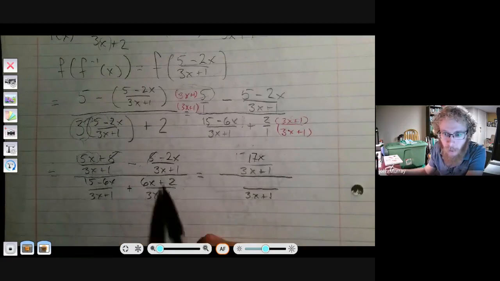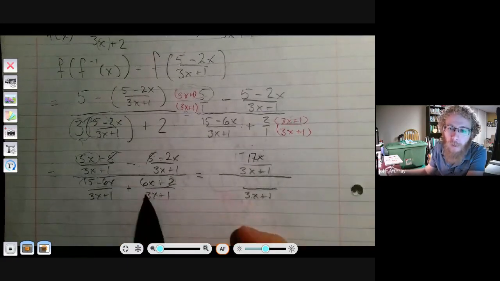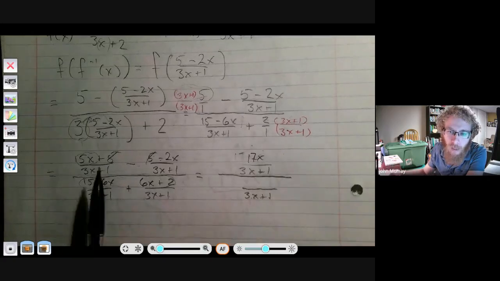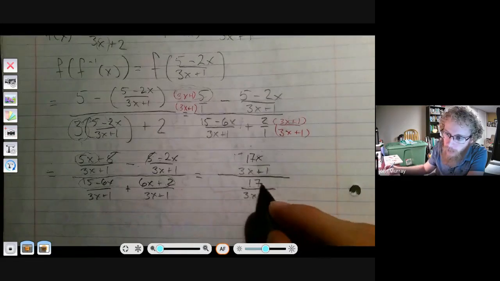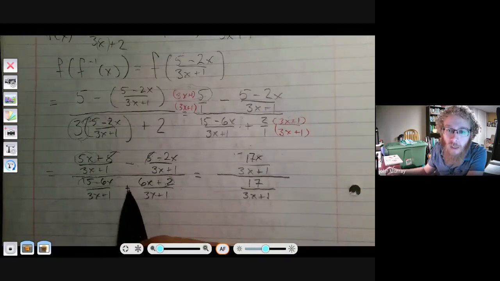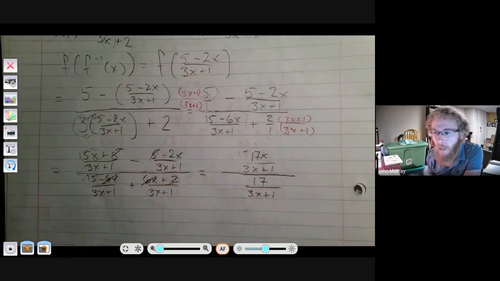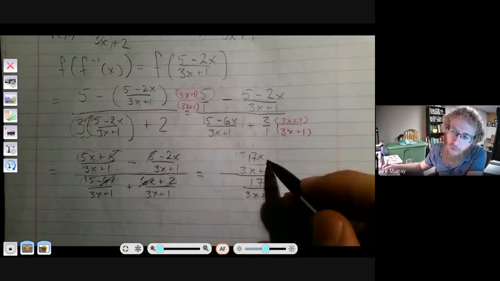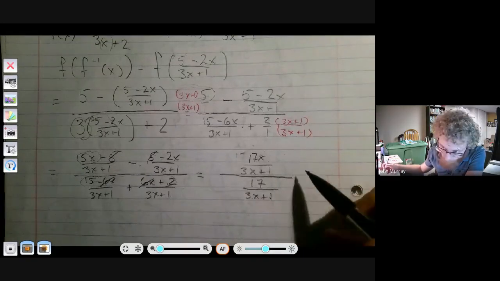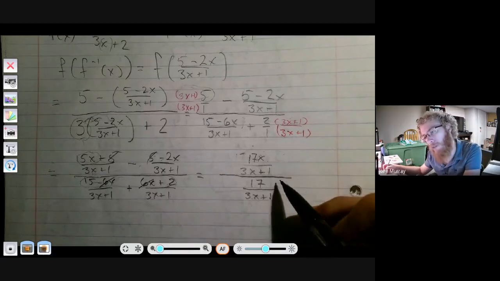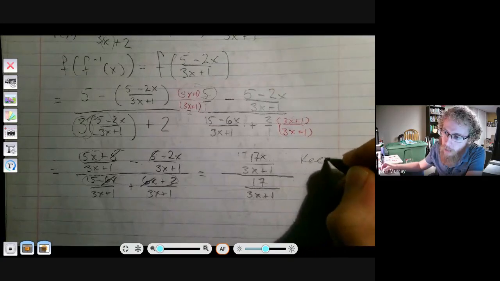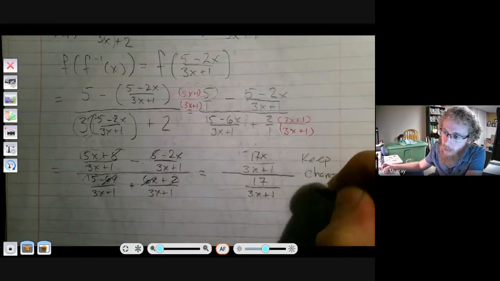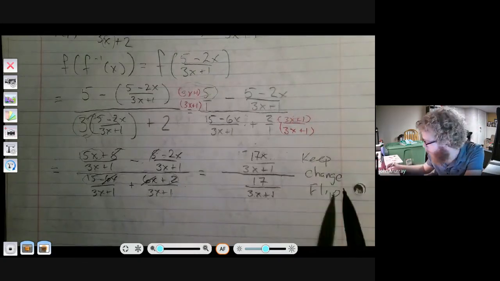Now here, again, I'm going to combine like terms just for my numerator, because the denominator is going to stay the same. I have 15 plus 2. That's 17. I have negative 6x plus 6x. They eliminate. Now I have a fraction over a fraction. Going back to Algebra 1 geometry, when we divide with fractions, I'm going to do keep, change, flip.